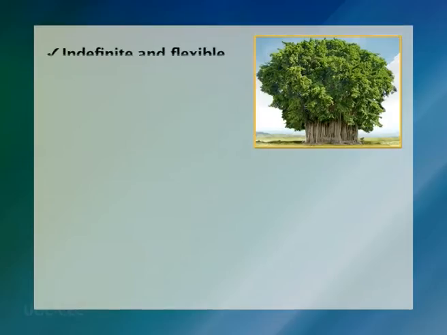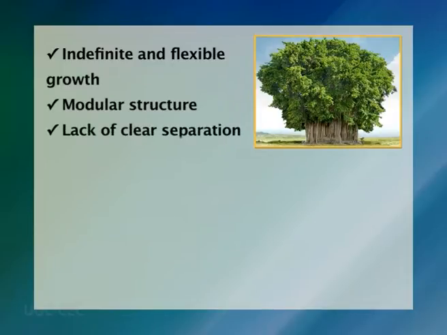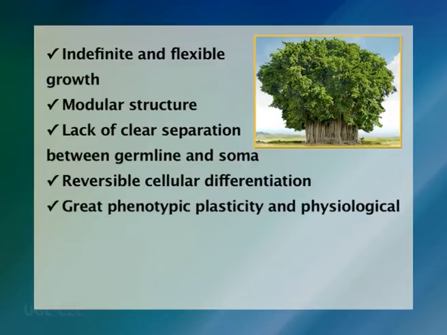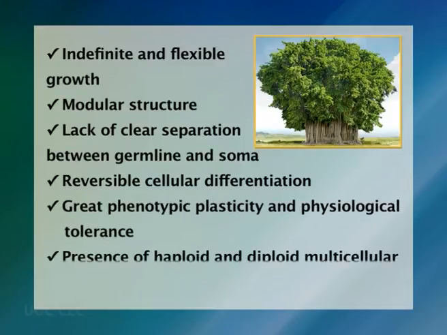Dear students, trees, irrespective of their taxonomic identities, share features such as indefinite and flexible growth, modular structure, lack of clear separation between germline and soma, reversible cellular differentiation, great phenotypic plasticity and physiological tolerance, and of course presence of haploid and diploid multicellular generations.